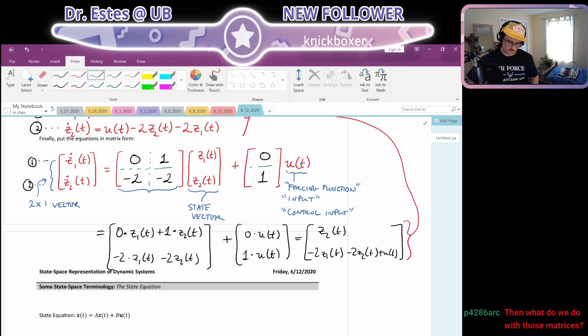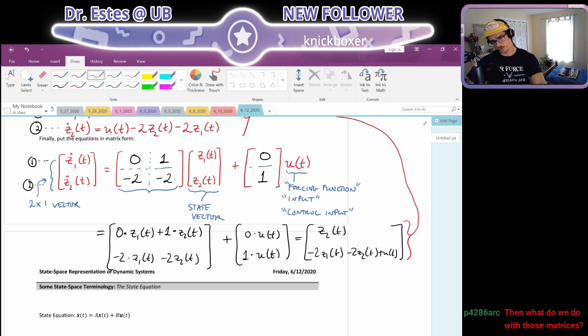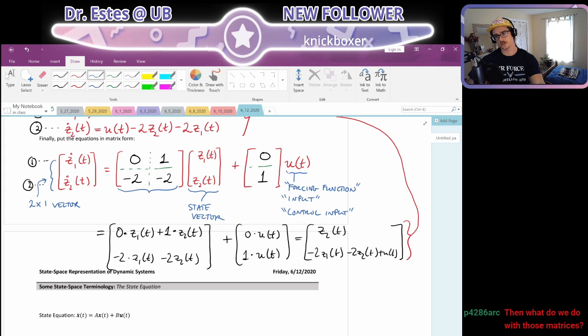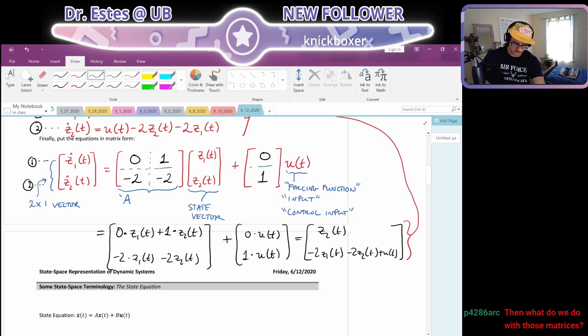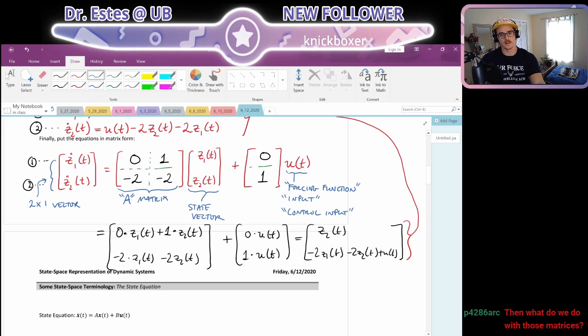That I will show you towards the end. Actually, on the next page, I'll show you a usefulness of this matrix right here. This matrix we call the A matrix. It's the matrix that multiplies with the state vector.